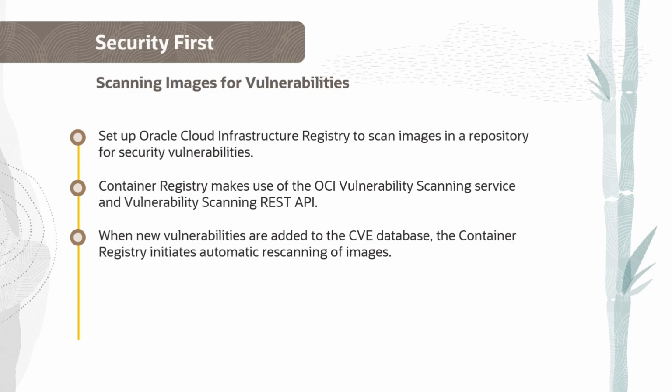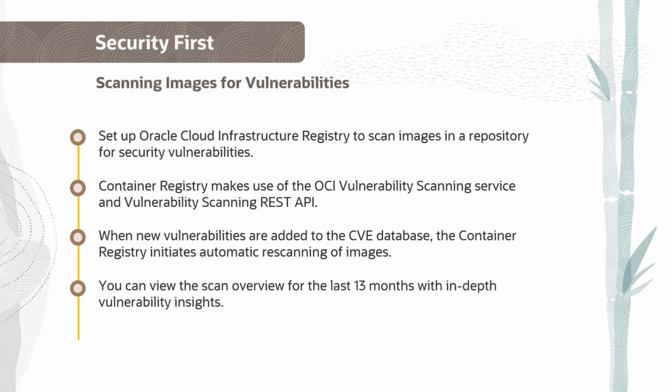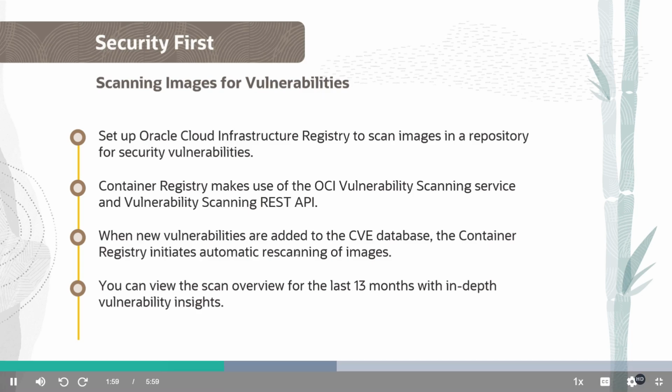that have scanning enabled. You can gain valuable insights into each image scan conducted over the past 13 months. This includes an overview of the number of vulnerabilities detected and an overall risk assessment for each scan.